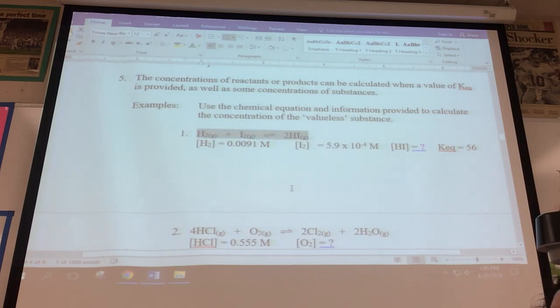Same reaction we've looked at a few times. Concentrations of reactants given. We want to know the concentration of hydrogen iodide gas. The KEQ is given. Anytime you're doing these types of problems, your approach will be similar to what you've seen previously. You want to write the KEQ expression.